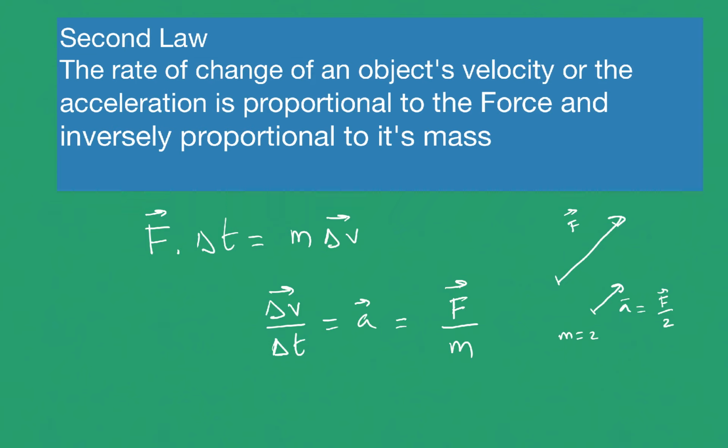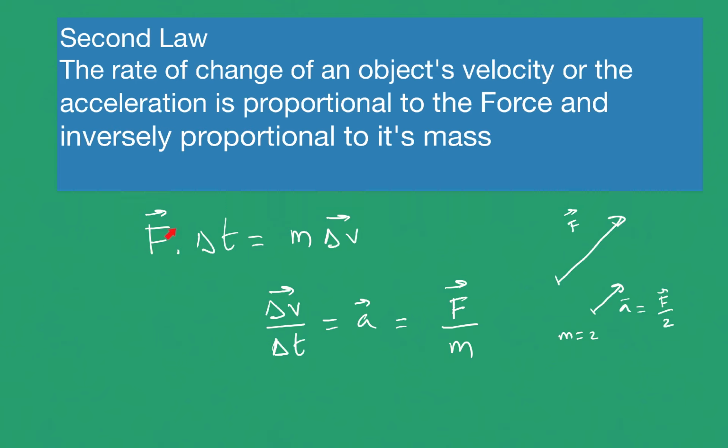Now we write the second law in the following way. The rate of change of an object's velocity, or the acceleration, the change in vector velocity per unit of time, is proportional to the force and inversely proportional to its mass. So again, we have our equation. Force acting during the time t is proportional to the change in v.